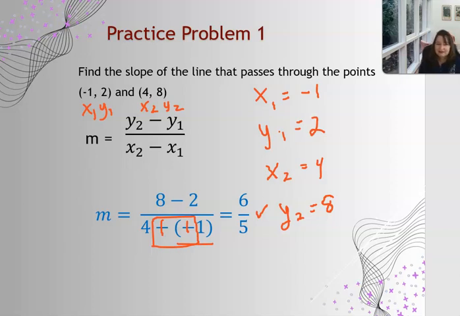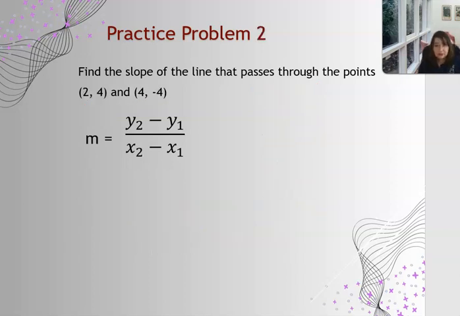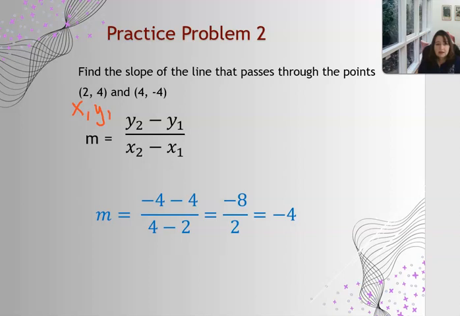All right, let's try another one. Go ahead and try this one. Pause the video. There is the answer. Just make sure you have this x1, y1, x2, and y2 in there. I did plug them in there.